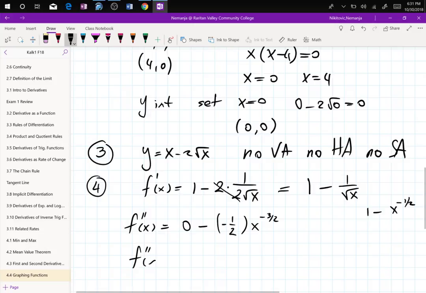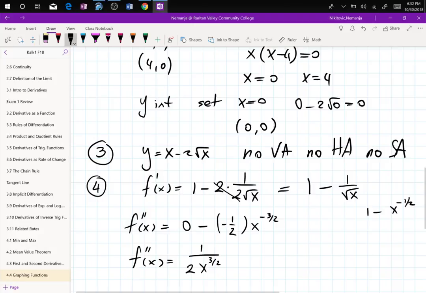So my second derivative is equal to 1 over 2x to the 3/2. We know from algebra that negative exponents push x's downstairs to become a positive exponent, and then negative and negative makes a positive, so 1 over 2x raised to the 3/2.